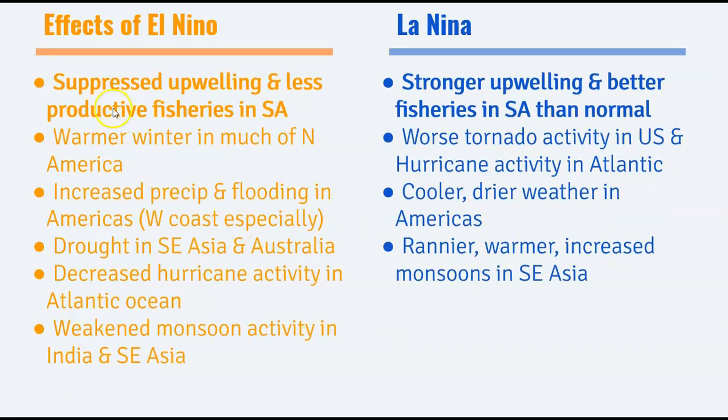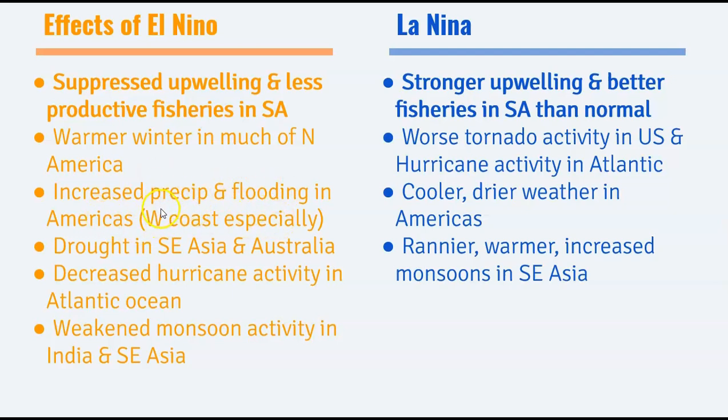All right, so for El Nino, remember, we're going to suppress those upwellings because the warm water is going to go across the Pacific Ocean, and it's going to make less productive fisheries in South America. We have warmer winters in North America, increased precipitation and flooding on the West Coast.